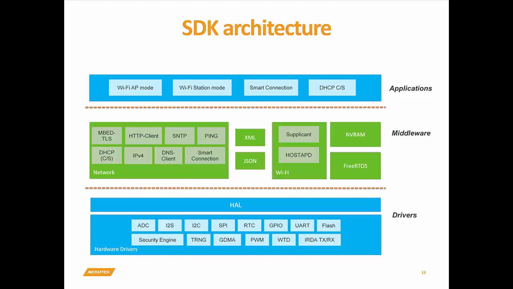We have XML and JSON support, like I was talking about with the packages we already installed on FreeRTOS, so basically parsers for these files. And then on top we have the applications. We can have the Wi-Fi in access point mode, or you have it in station mode. We have something called Smart Connection, which makes it easy to set up your IoT device. And we have a DHCP client and server. So this is the architecture.